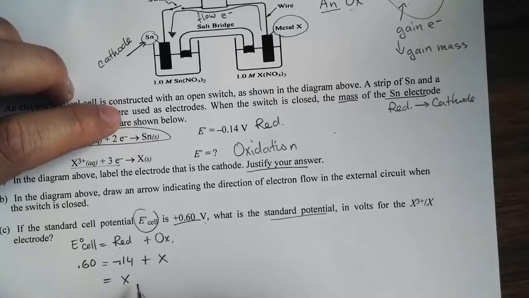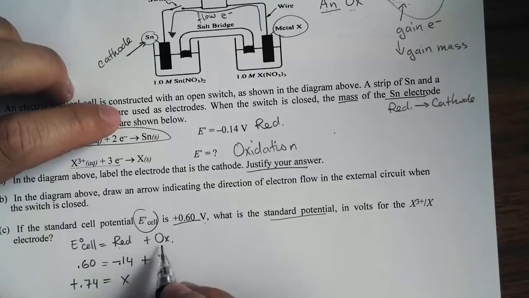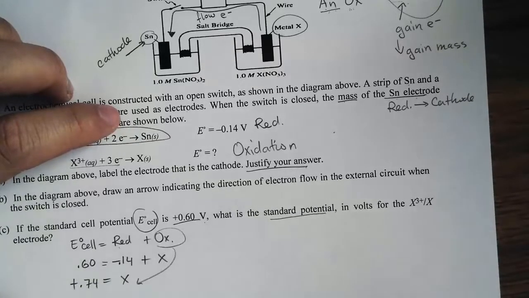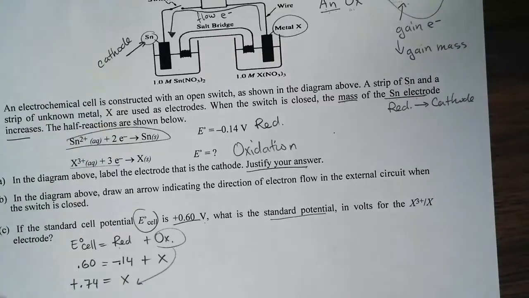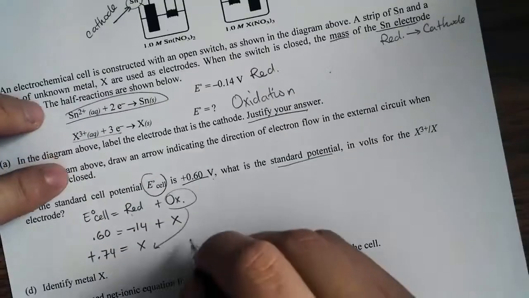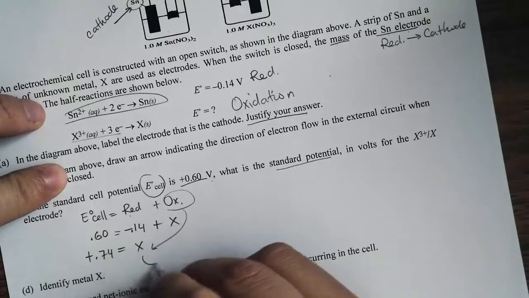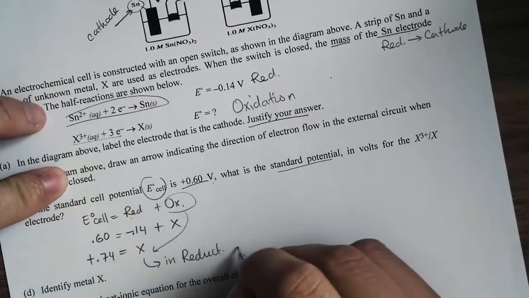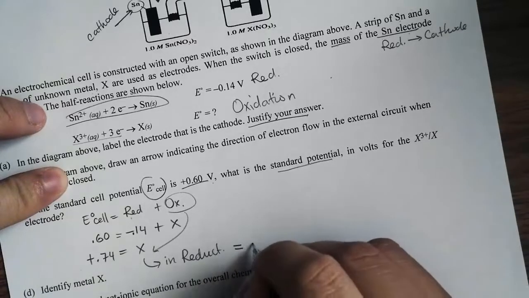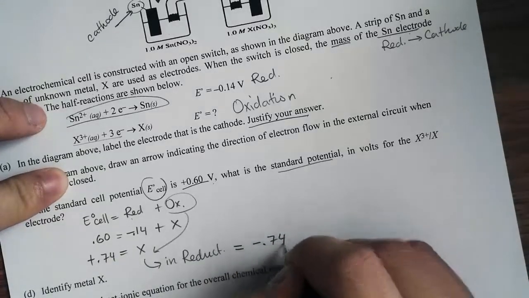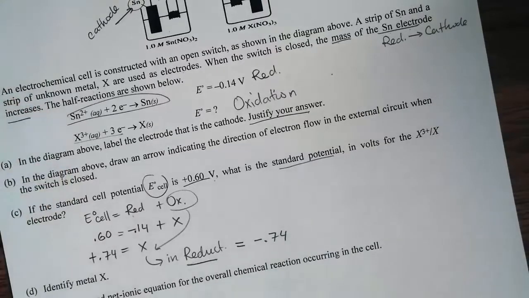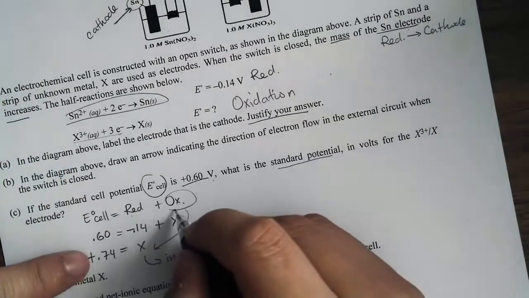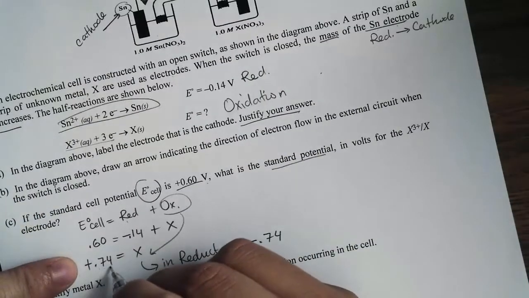Of course. X is equal to, we bring this over, plus 0.74. But again, this is oxidation. So when we express X in terms of reduction, we would have negative 0.74. Okay, so that's the reduction form. But in terms of oxidation, it will be positive 0.74.